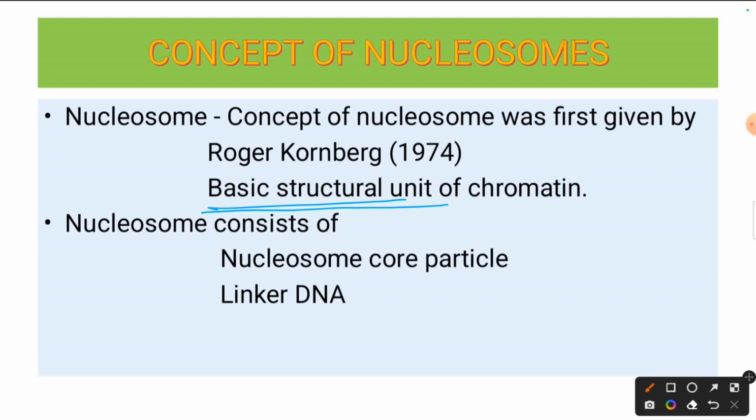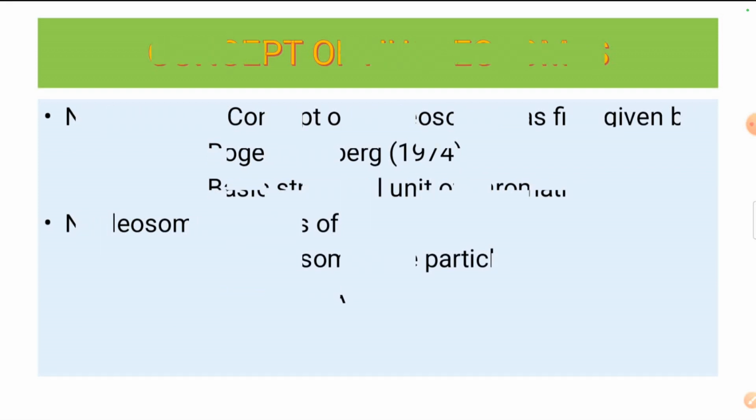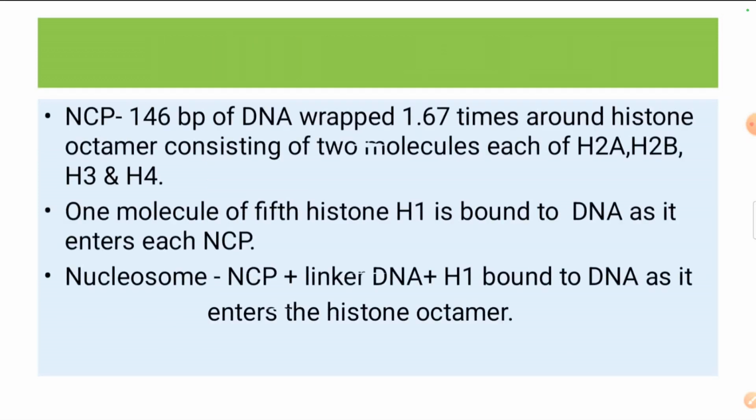So what is the nucleosome made up of? The nucleosome consists of a nucleosome core particle and a linker DNA. We will discuss what a nucleosome core particle is and what a linker DNA is. The nucleosome core particle is made up of 146 base pair of DNA, which is wrapped 1.67 times around the histone octamer.